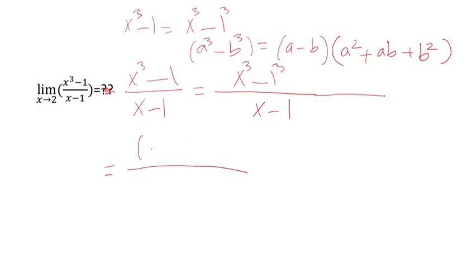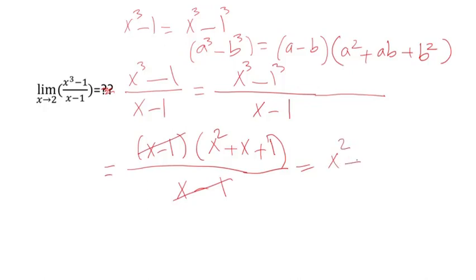So I can write x minus 1 times a squared, which is x squared in my case, plus x times 1, which is x, plus 1 squared, which is just 1, divided by x minus 1. Notice x minus 1 cancels out, and I end up with x squared plus x plus 1.